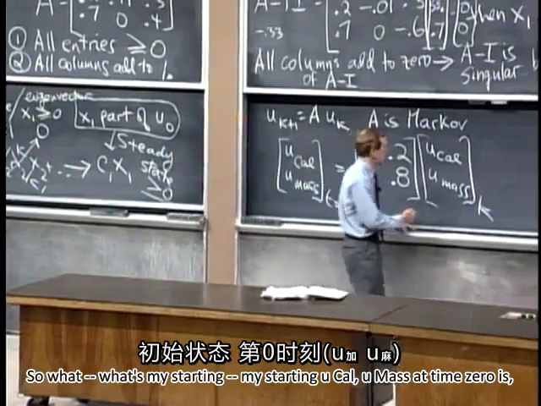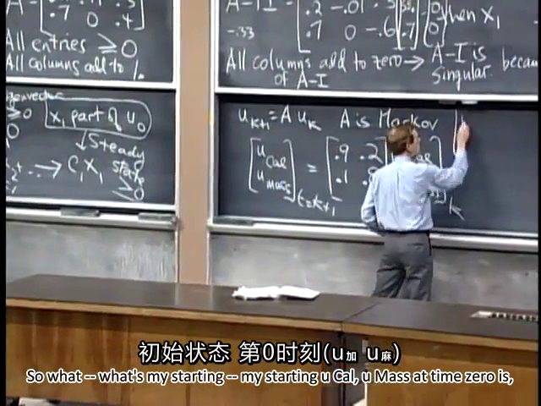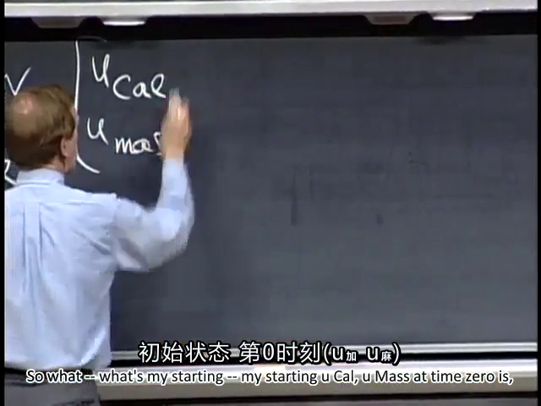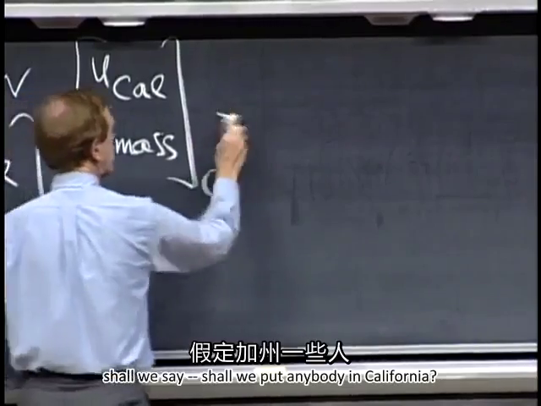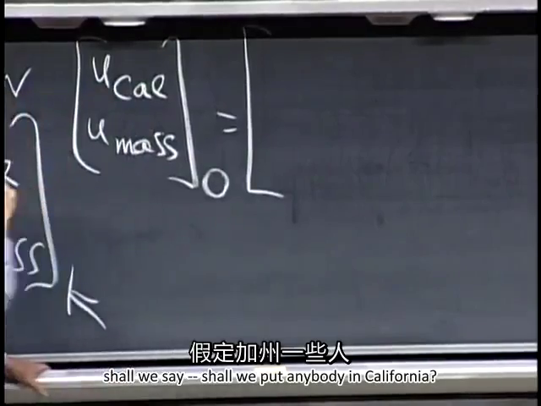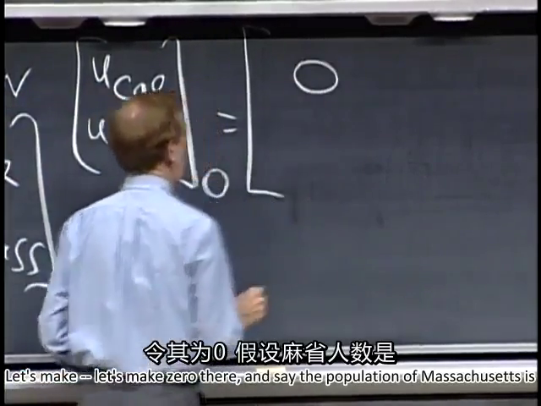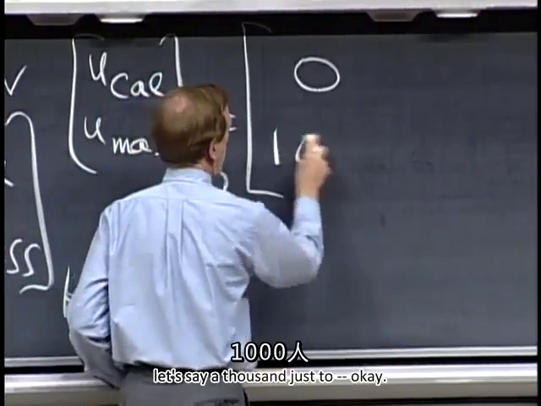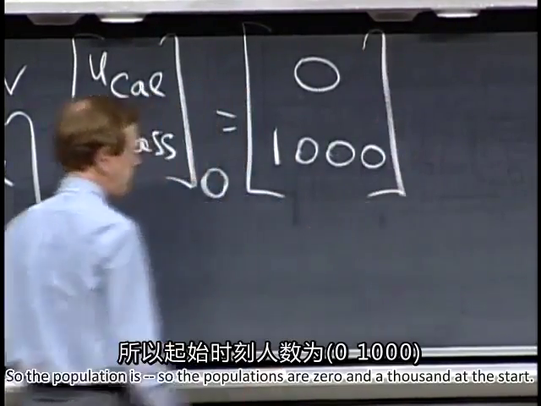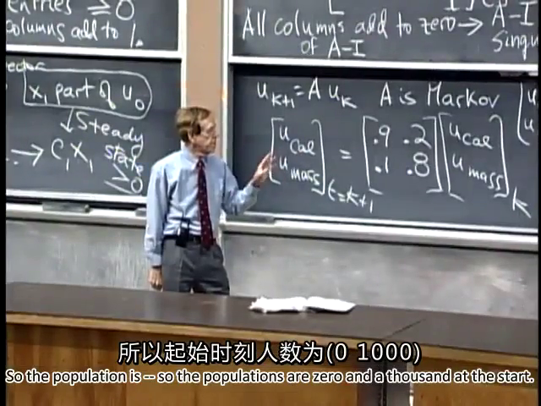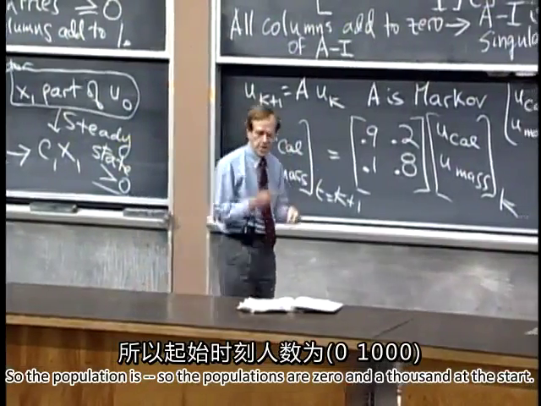So what's my starting U California, U Massachusetts at time 0? Shall we put anybody in California? Let's make 0 there. And say the population of Massachusetts is, let's say, 1,000 just then. Okay. So the populations are 0 and 1,000 at the start.